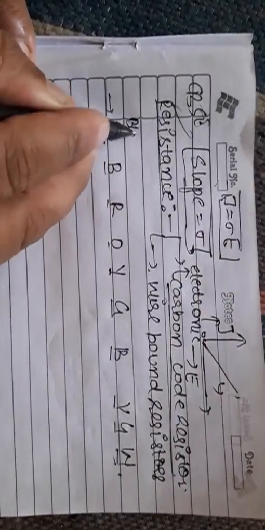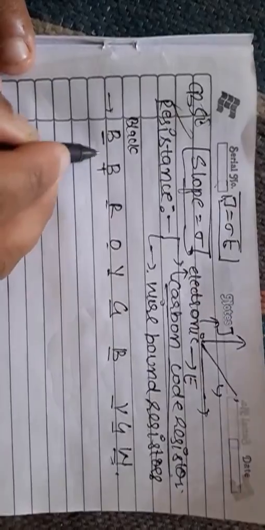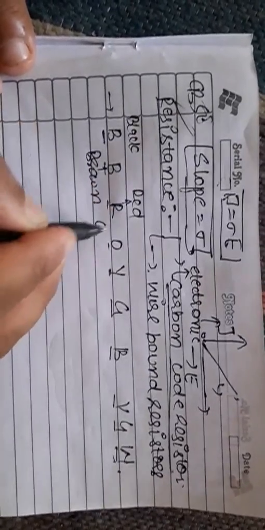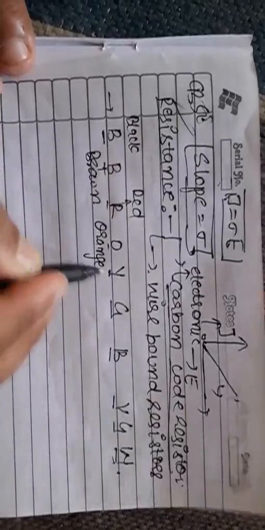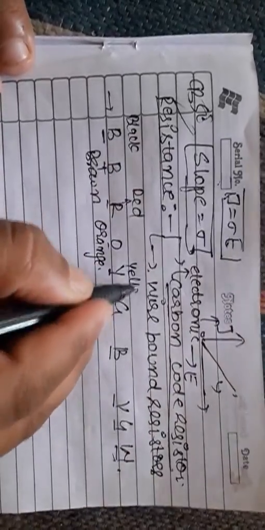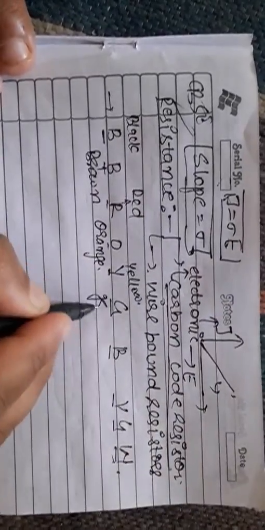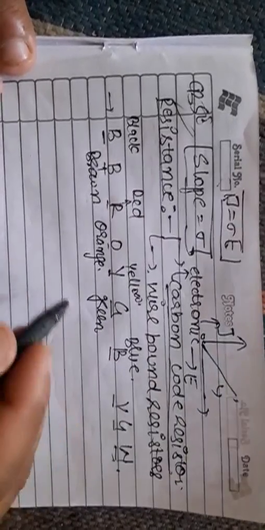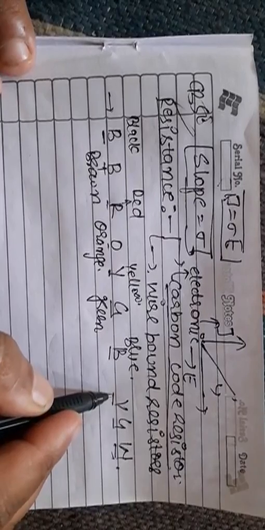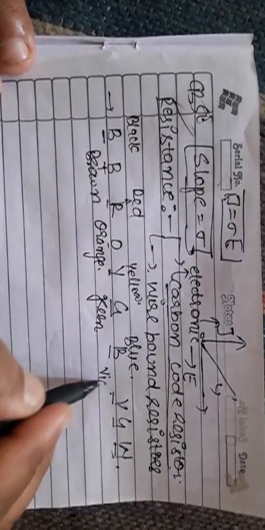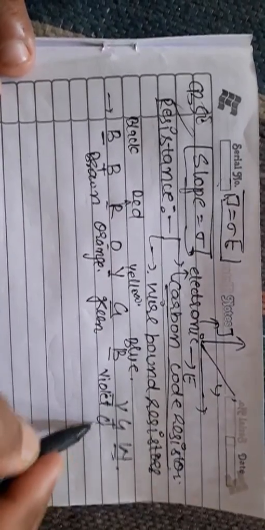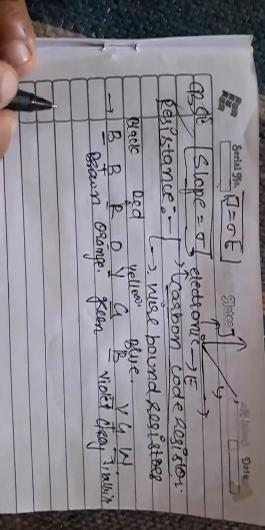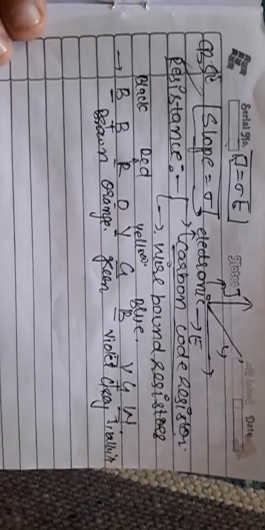B stands for black, B for brown, R for red, orange, yellow, green, blue, V for violet, G for gray, and last is white.